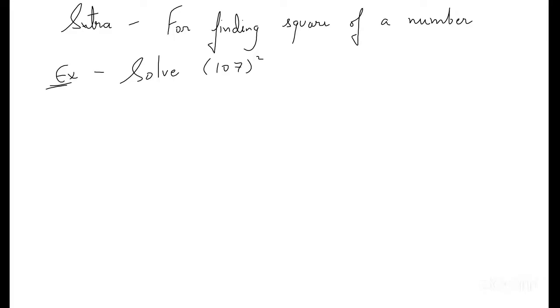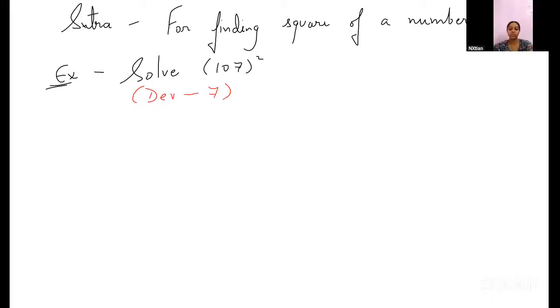Those are all bases. The numbers that are extra to these bases are my deviation, which is 7.